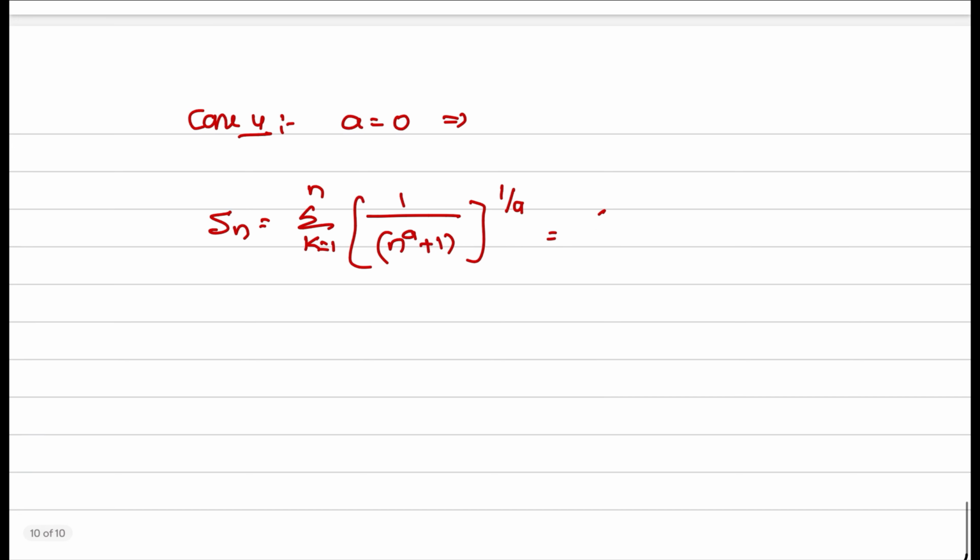when a is equal to 0, what happens? Sn is equal to sigma k is equal to 1 to n 1 by n to the power of a plus 1 to the power of 1 by a. That will be sigma k is equal to 1 to n 1 by n to the power of a. N to the power of 0 is 1.